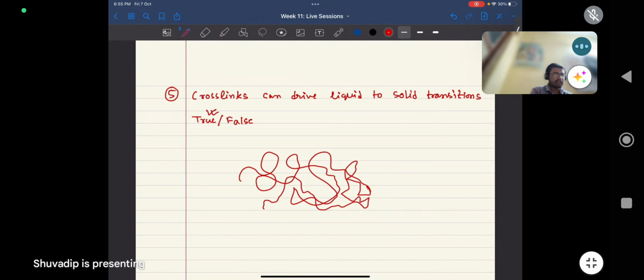But if the number of crosslinks between the polymer segments is low, then the polymer segments are free to move in the solution, and the polymer looks like a liquid, because it has much higher freedom to move around. But if the number of crosslinkers is too much, then the polymer segments cannot move in the solution freely, and it appears to be a solid-like structure.